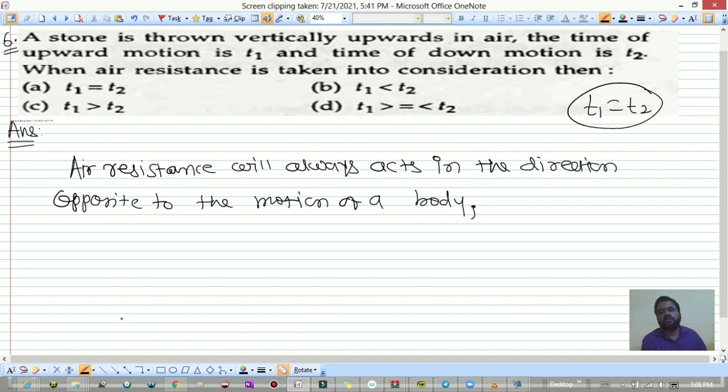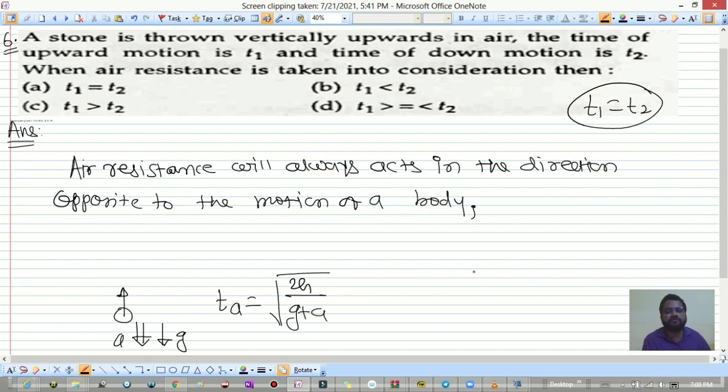Now when the ball is thrown upward, the air resistance will act downward, gravity will act downward, so g and a will act downward only. So the time of ascent we have is equal to, we can write, root of 2h divided by g effective. G effective is g plus a, we can write.